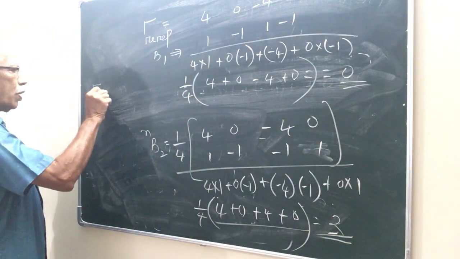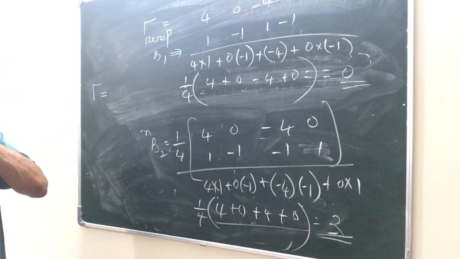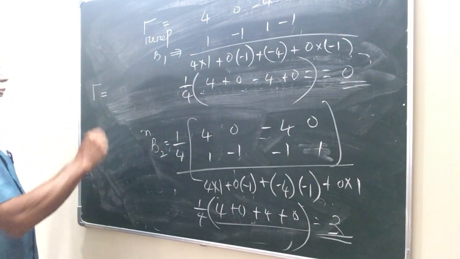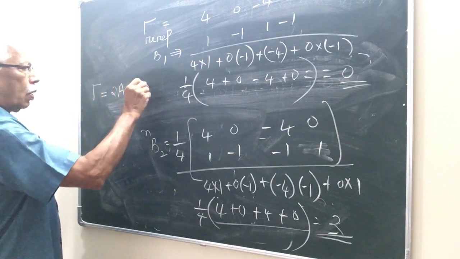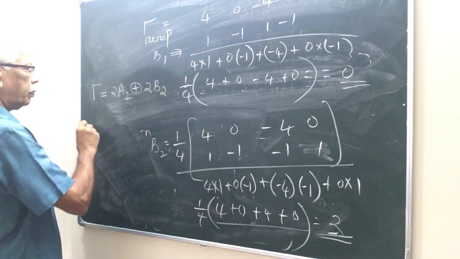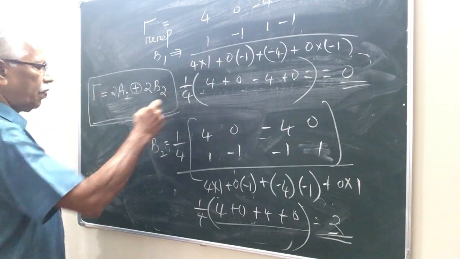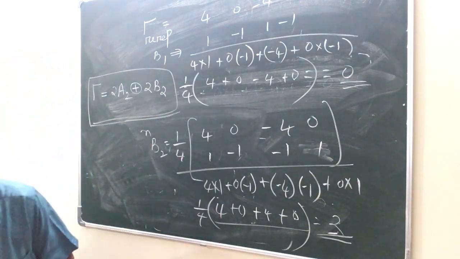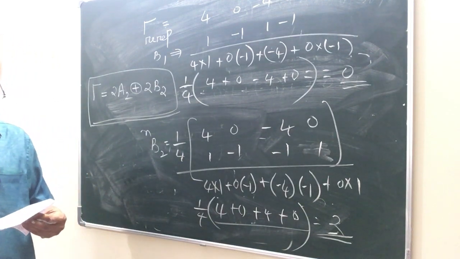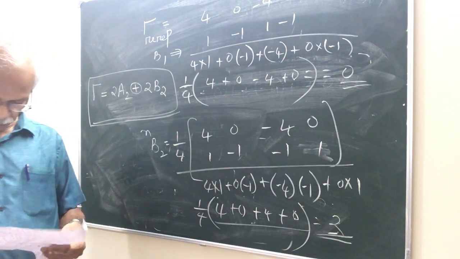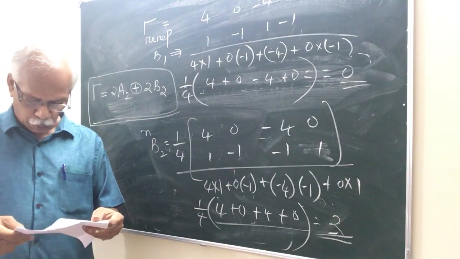The original reducible representation is made up of 2A2 and 2B2. This is the final result.